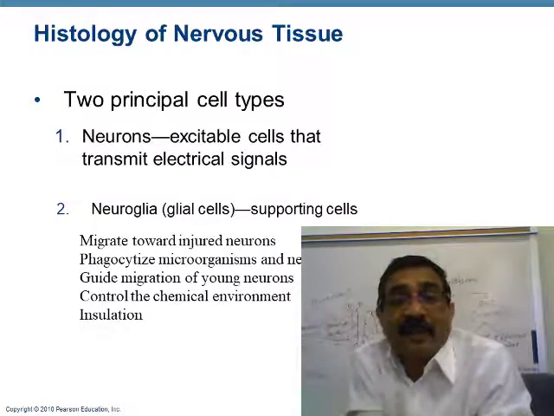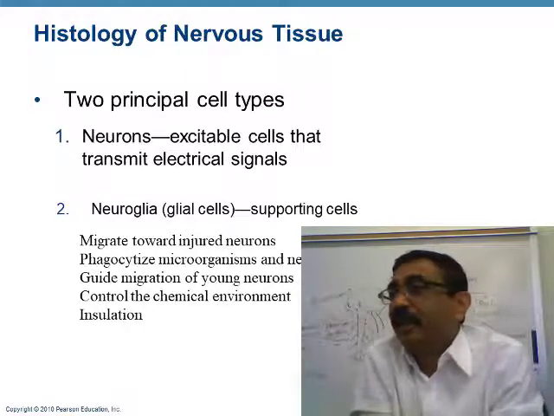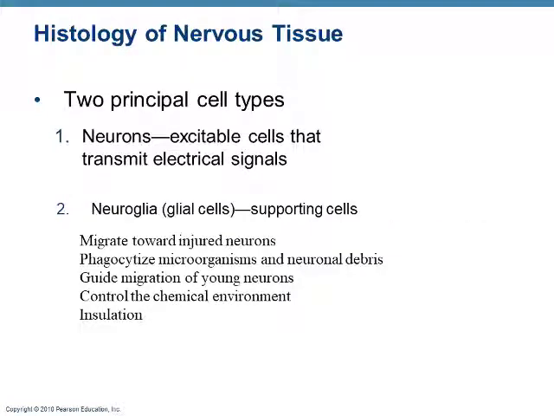Some neuroglial cells guide the young, newly formed neurons to move towards a certain area. You all know that when the brain is formed, the neurons multiply. So, small neural tissue here, the neurons will multiply to produce more neurons, and the neurons will move towards different directions.